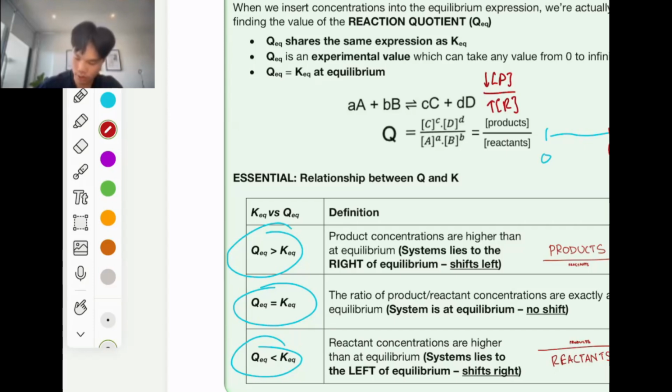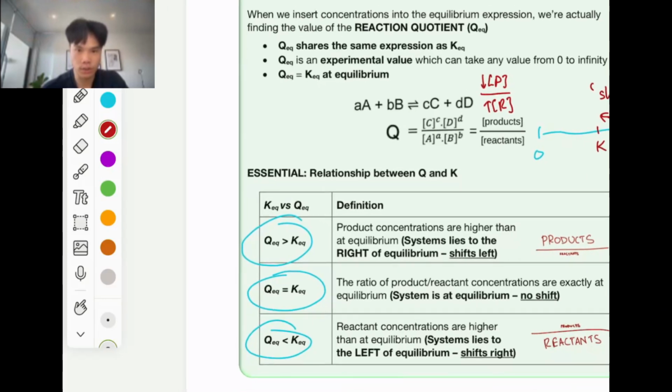A shift left. On the other hand, if your Q is less than K, you would go the other way and increase your Q value until Q equals K and you establish equilibrium again. I find the number line makes it really easy to visualize, but that's pretty much the gist of Q.